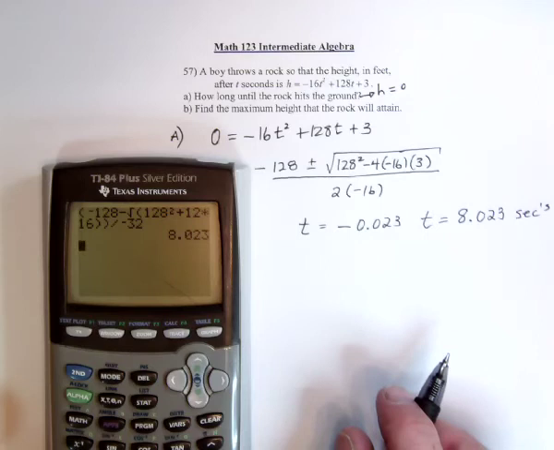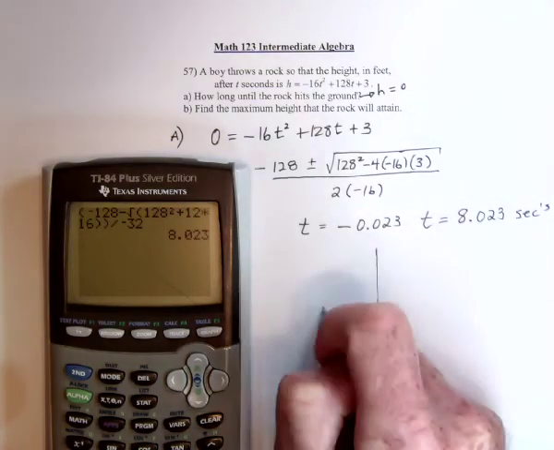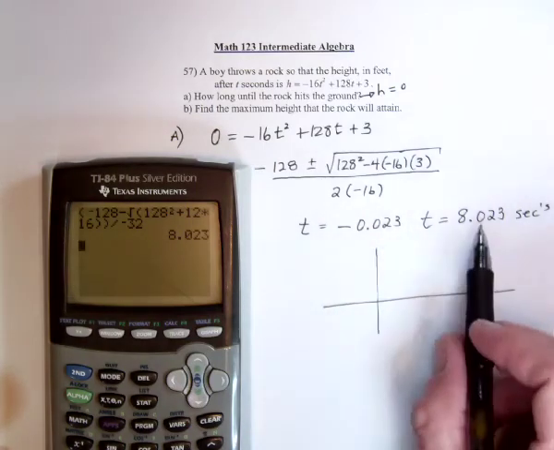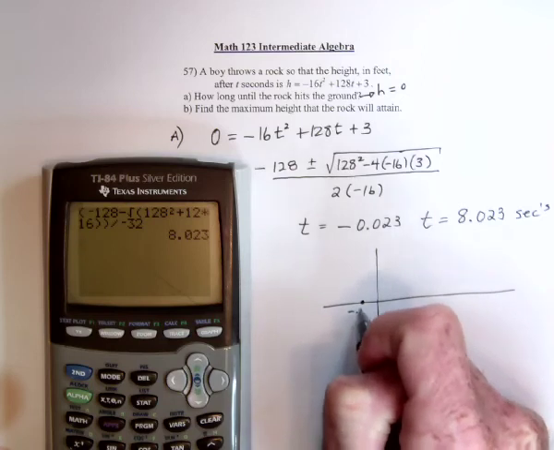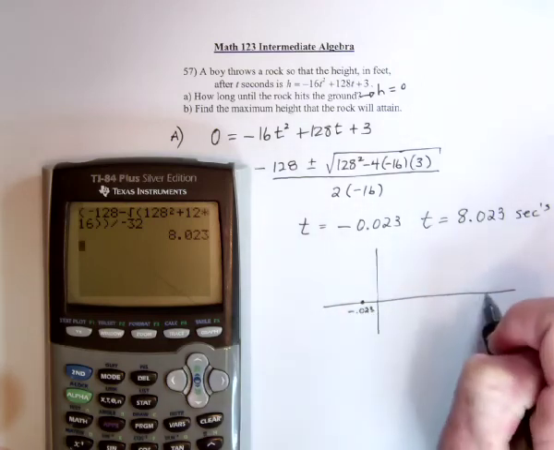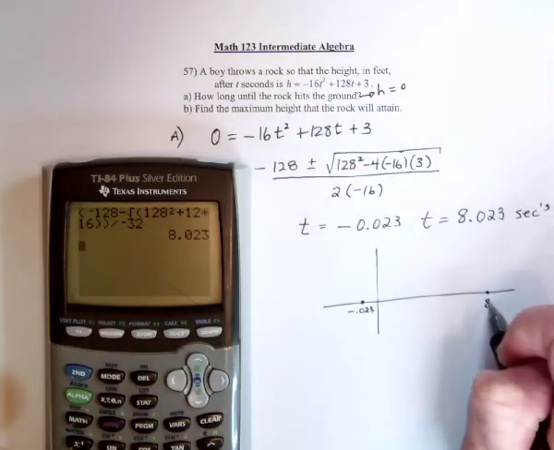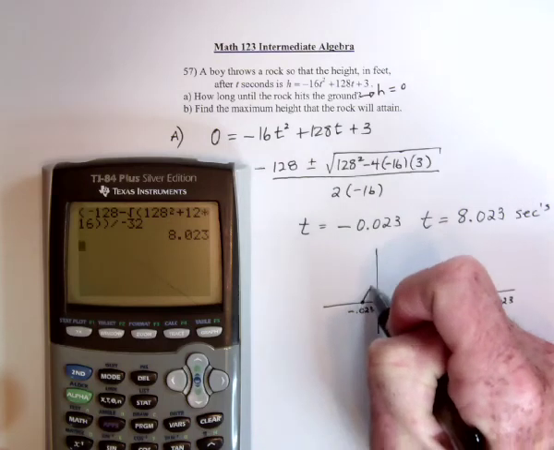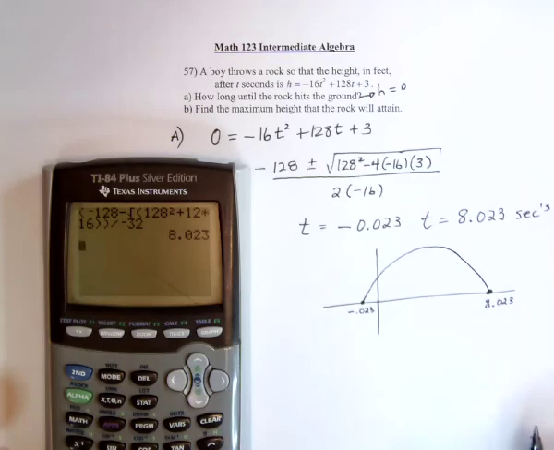Okay, find the maximum height that the rock will attain. Well, essentially, there's two main ways we can do this in intermediate algebra. One is you can take these two answers and sketch a graph of the parabola that's being made by this t squared function. So it's going like this. Eventually it hits the ground after just over 8 seconds.